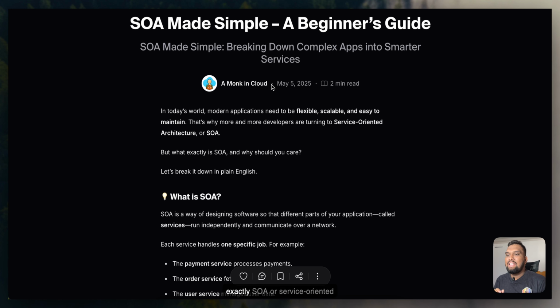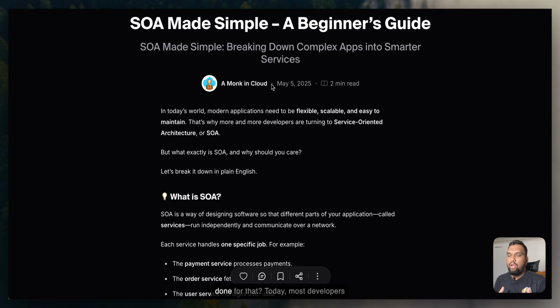Now, how exactly does SOA or service-oriented architecture work in practice? Earlier, we used to have something called SOAP, S-O-A-P, which is Simple Object Access Protocol, which was used to send messages between services. But later on, we realized that SOAP uses a lot of XML, which means it is heavy and it slows down modern application requirements.